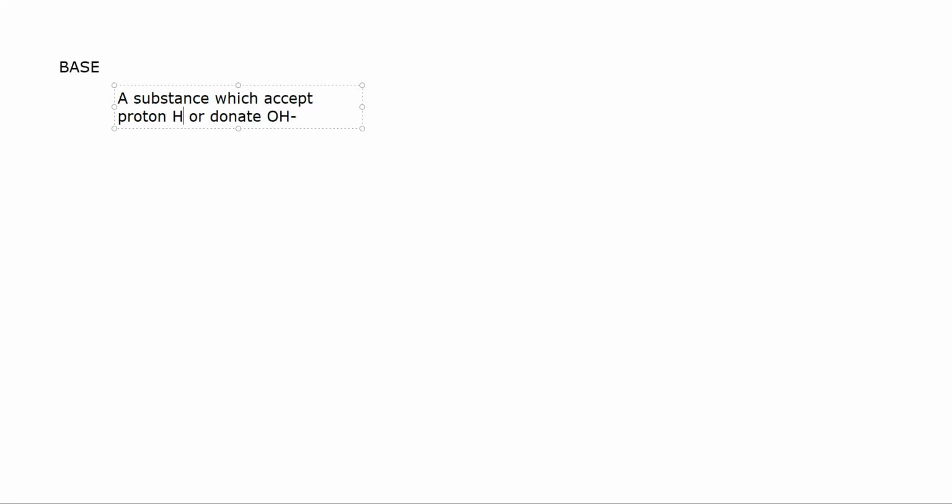Proton means H plus. We call that substance a base. So acids are proton donors, and bases are proton acceptors or OH ion donors, or hydroxide ion donors.